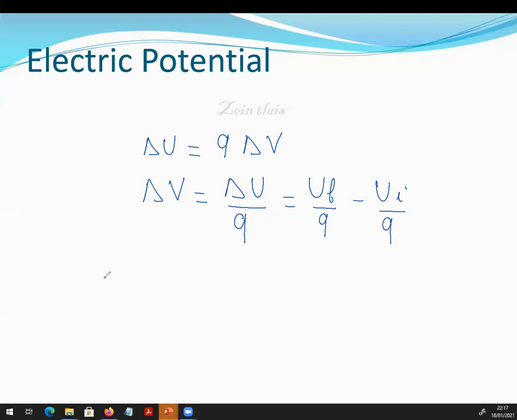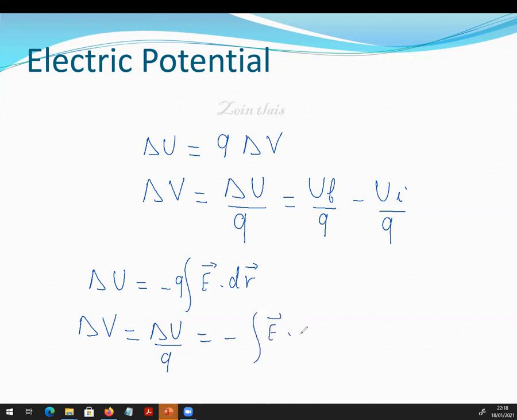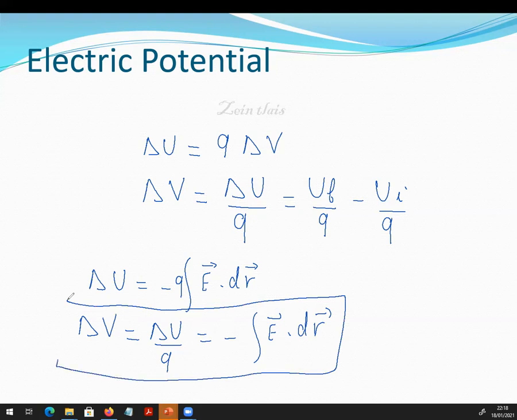And you know delta U equals minus Q E dot dr. So delta V equals delta U divided by Q equals minus E dot dr. This is the most important relation between the electric potential and the electric field.